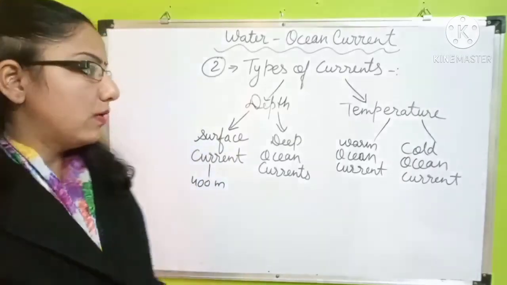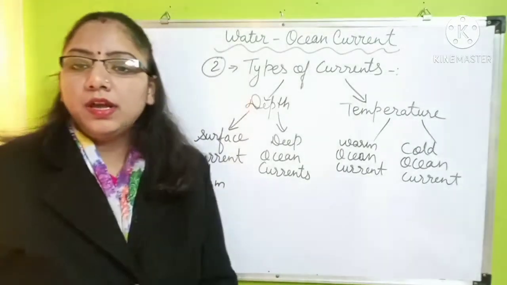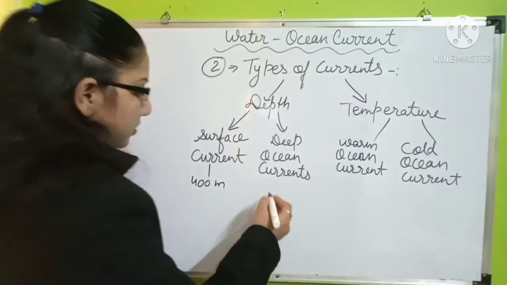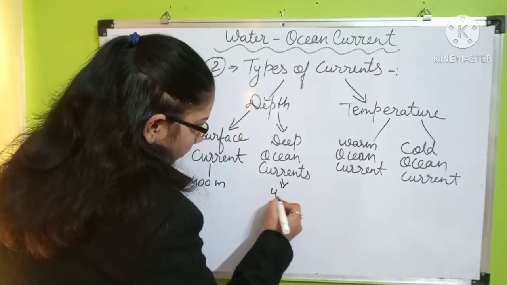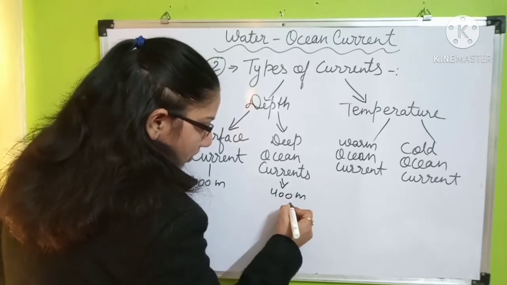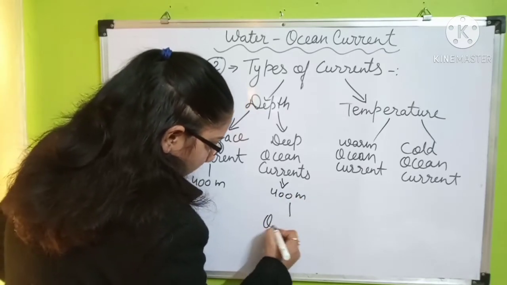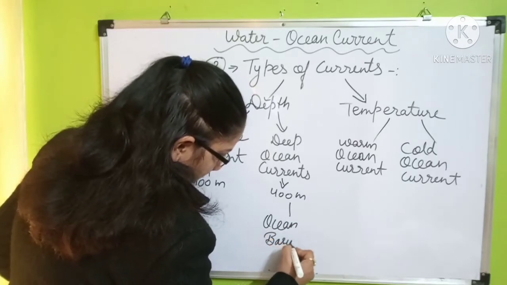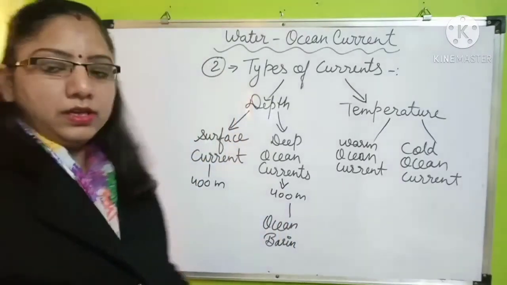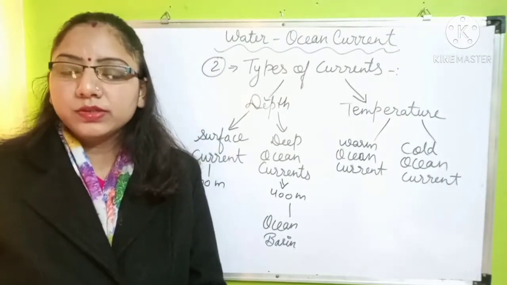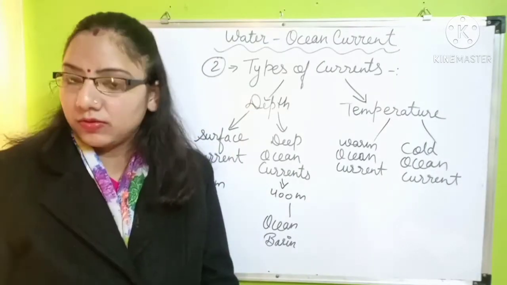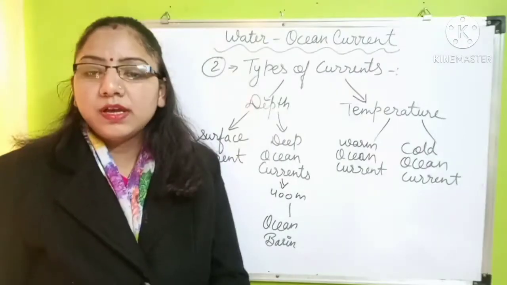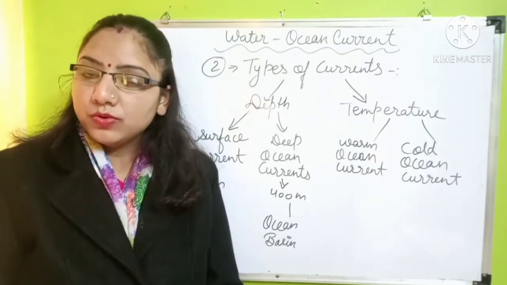And if we talk about the deep ocean current, it starts from below 400 meters to the ocean basin, and it is also known as the thermohaline circulation. The deep ocean currents form around 90% of the ocean currents.